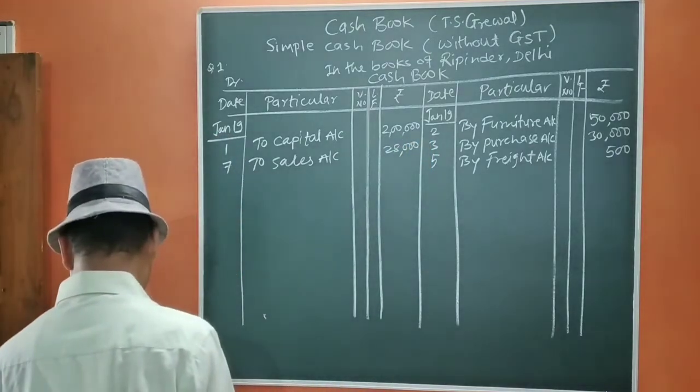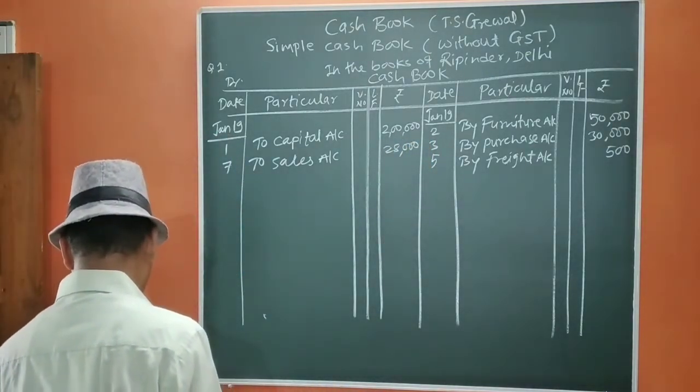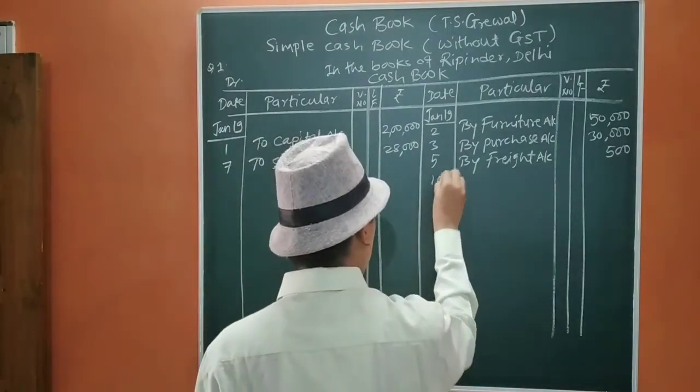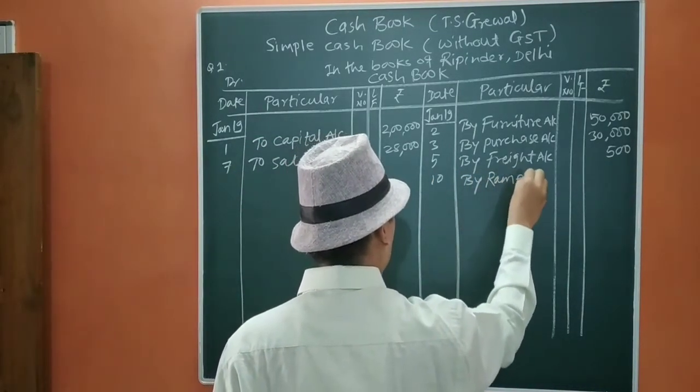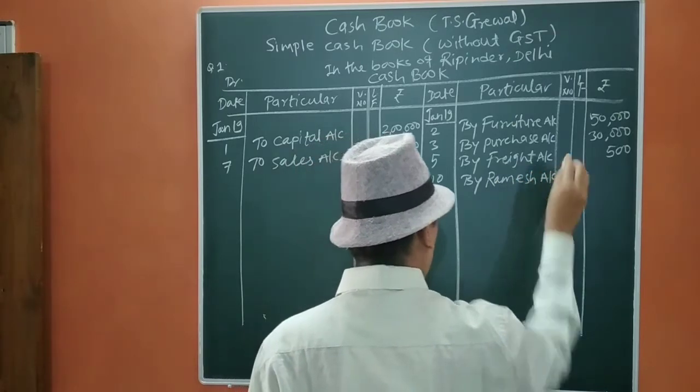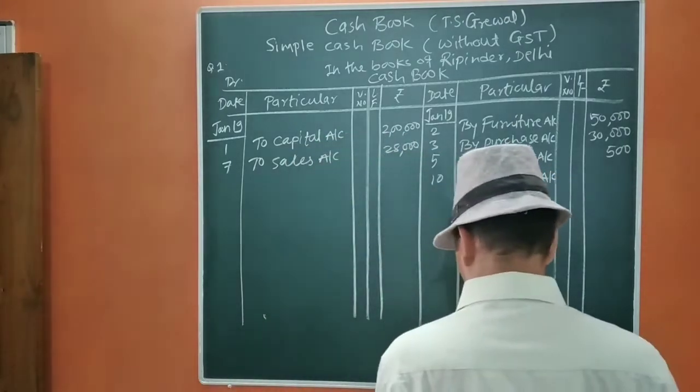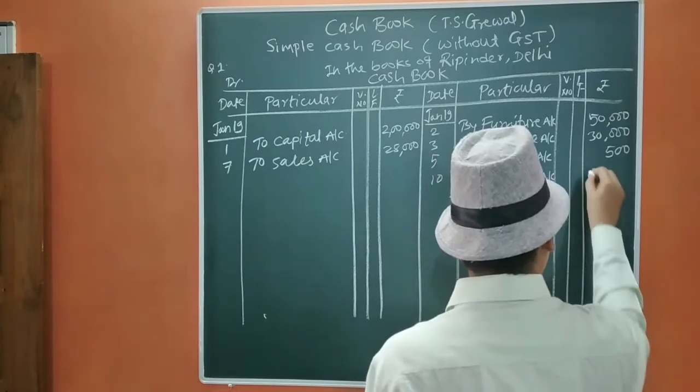Okay. Then paid to Ramesh on 10th. So we are paying to Ramesh. Ramesh is the receiver. Ramesh account added to cash account. Ramesh account. The amount is 20,000.